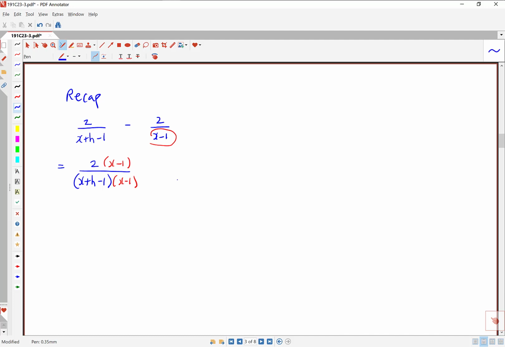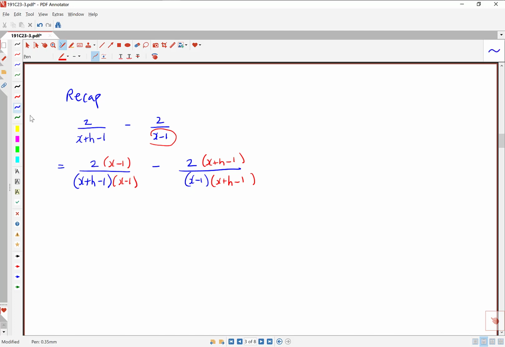Okay, and then for the second term, we're going to go minus 2 times x minus 1, and that's going to get multiplied by the missing factor from the other denominator. So the x plus h minus 1. That way we're creating this common denominator of x plus h minus 1 times x minus 1.